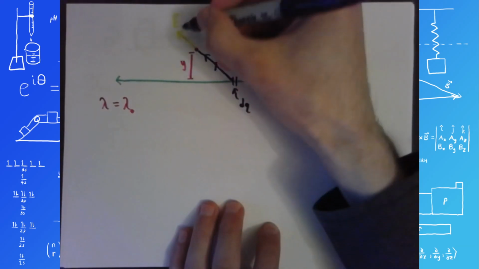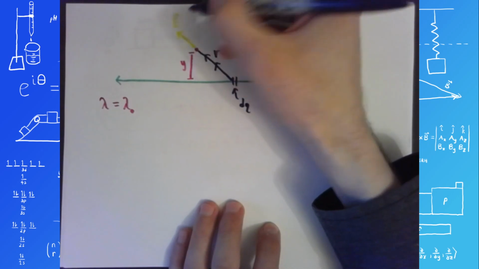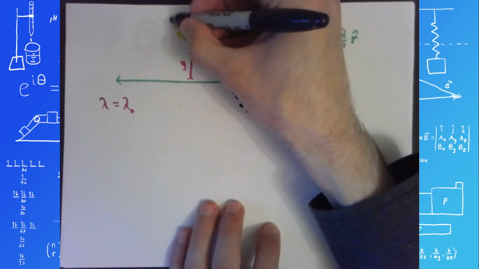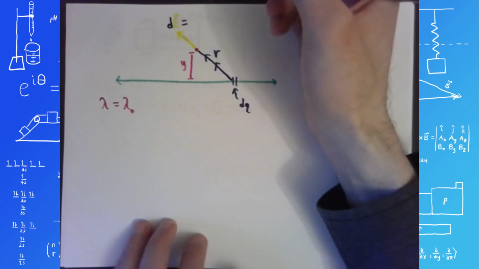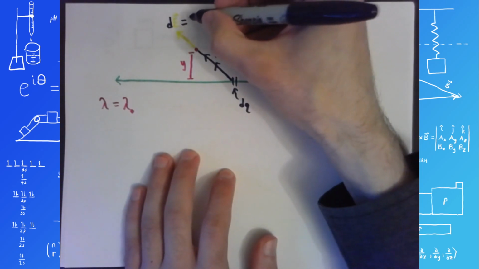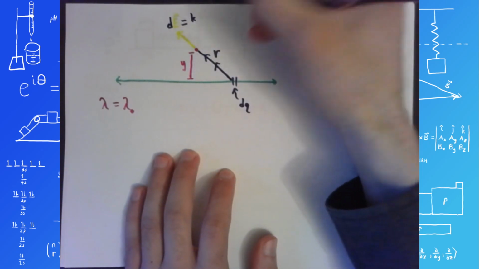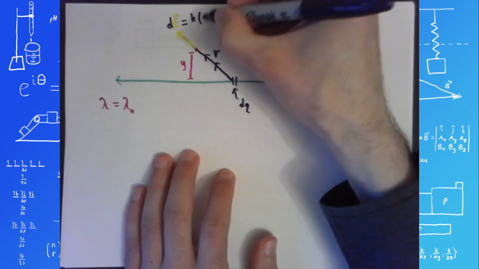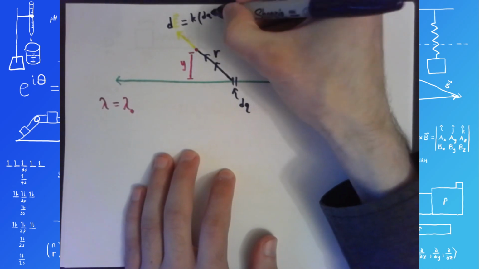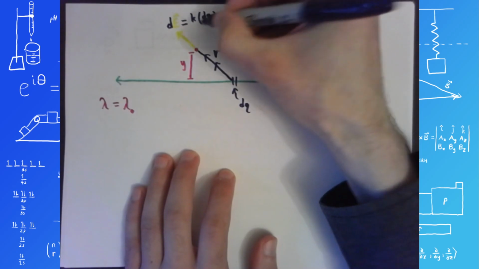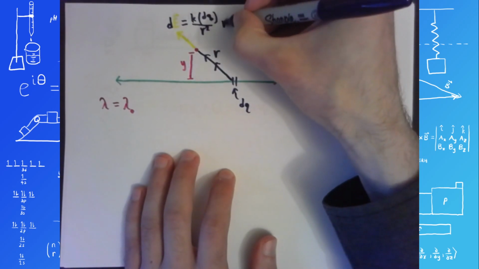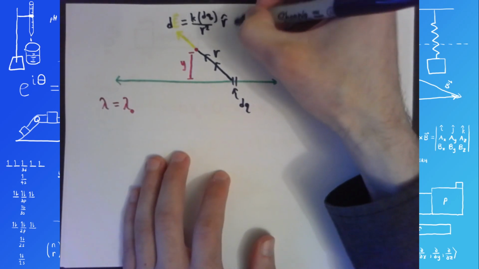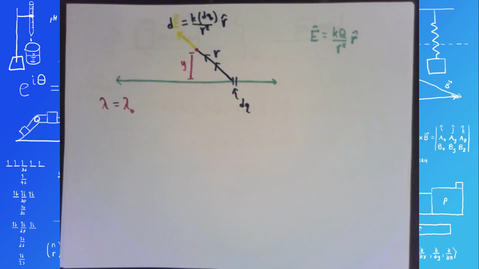We'll say that the electric field due to that small amount of charge is not E, but dE, a small bit of electric field, equal to k times the amount of charge dq over r squared, and then times r hat. We'll deal with the r hat soon enough.